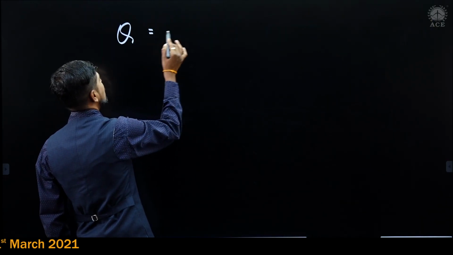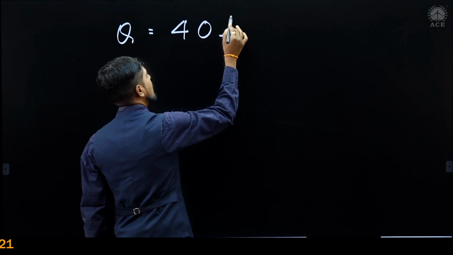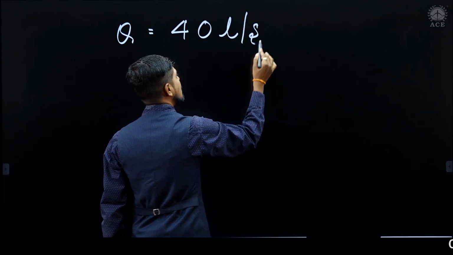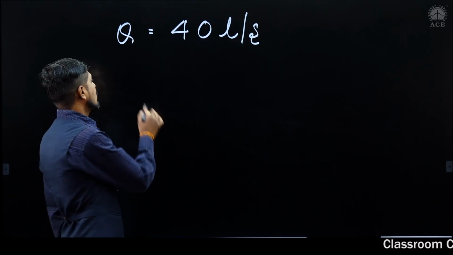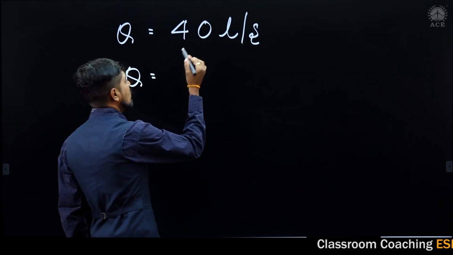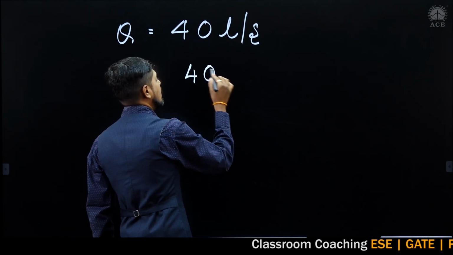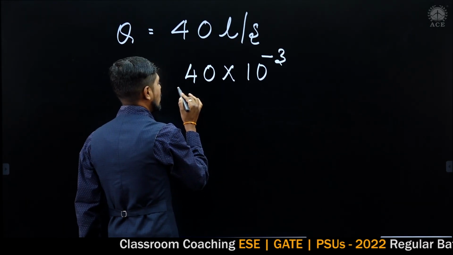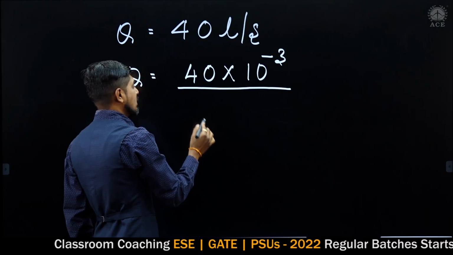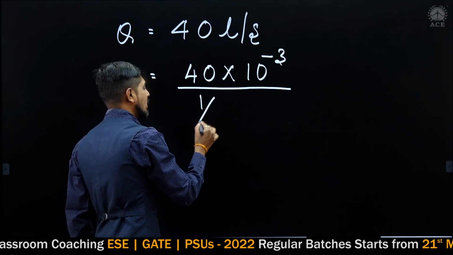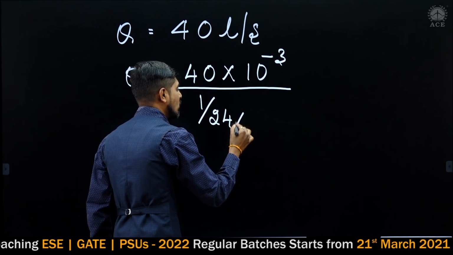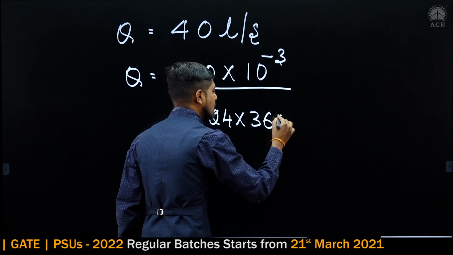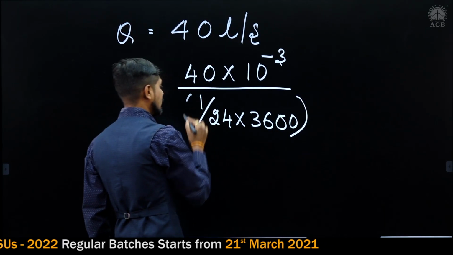So Q is given as 40 liters per second. So Q is equal to 40 liters, times 10 to the power minus 3 meter cube, divided by second, times 24 into 3600 for one day.